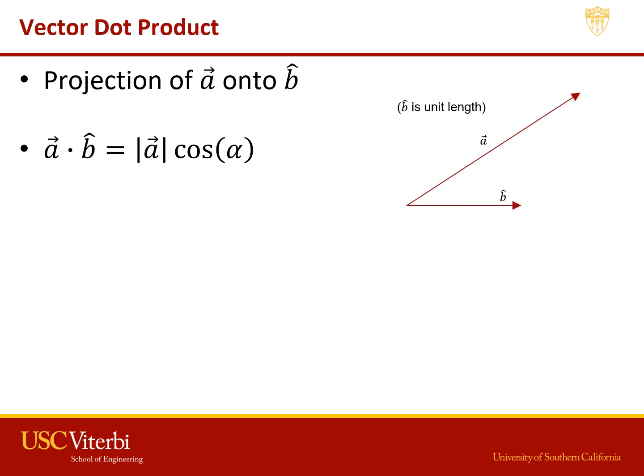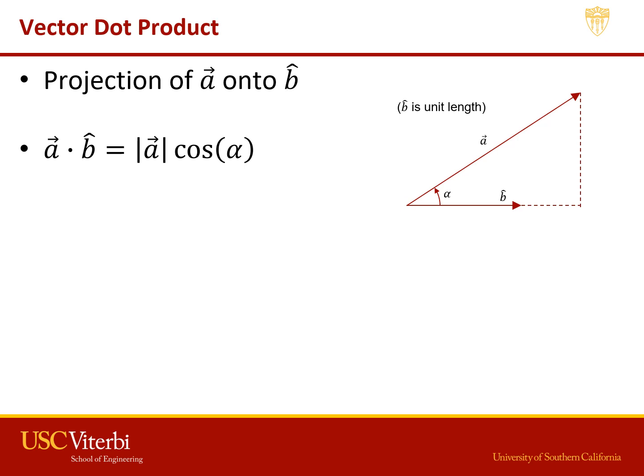Let's take a look at this thing. Let's take an arbitrary vector A and some direction unit vector B, and there's an angle between them of alpha. What is the projection of A into the direction of B? What I mean there is how much of A points in the B direction, right? What I mean is make a right triangle out of this thing.